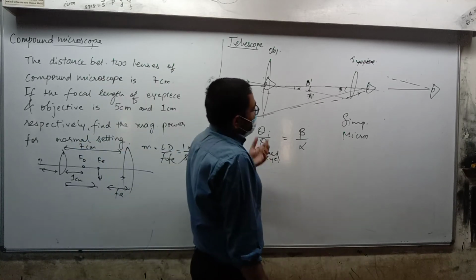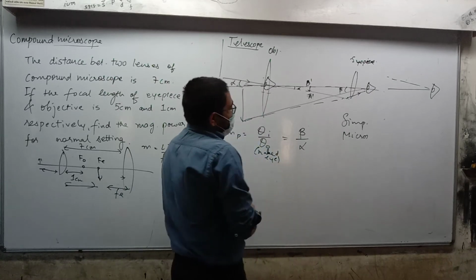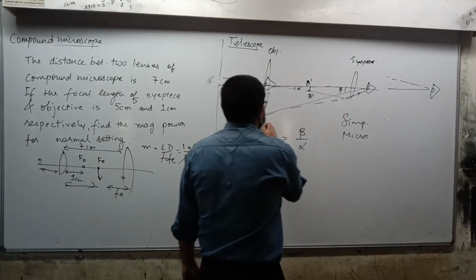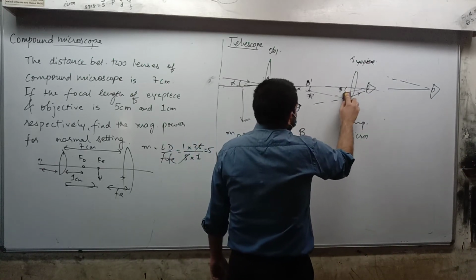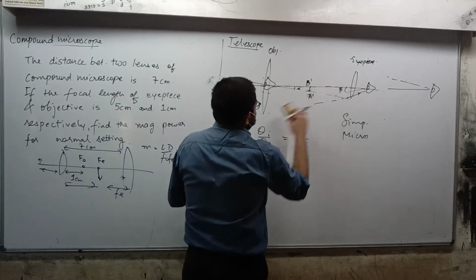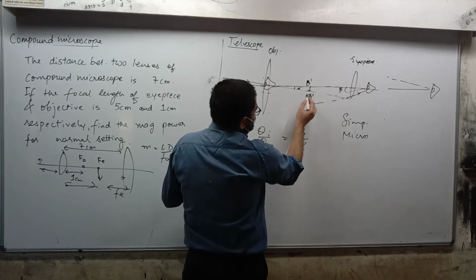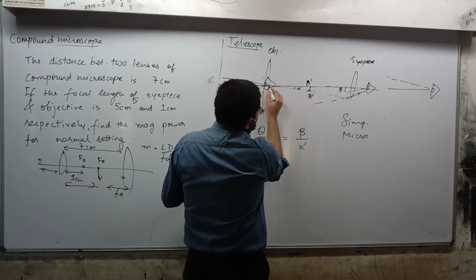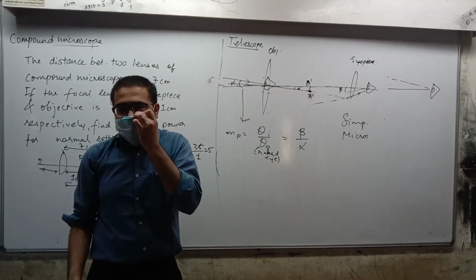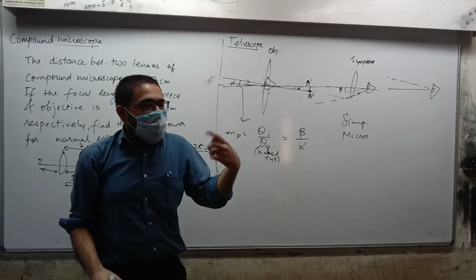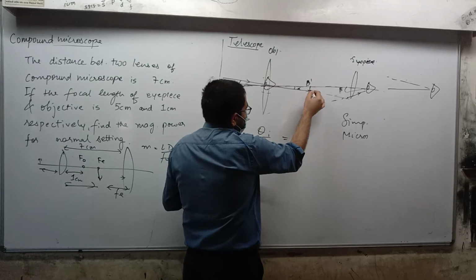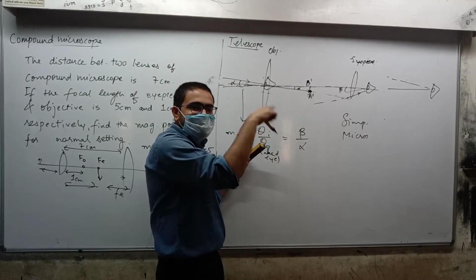So obviously a proper diagram needs to be drawn. I have drawn too much, I have to say. Nothing wrong, but we need to do it properly, because we have to do geometry. So you see what happens here: if you think of lots of rays, can you think of one ray like this which will go through this? Because the rays will all meet here. Correct? Where is the image formed? Where two or more rays meet. So all the rays coming from this object will meet here, so there is a dash.